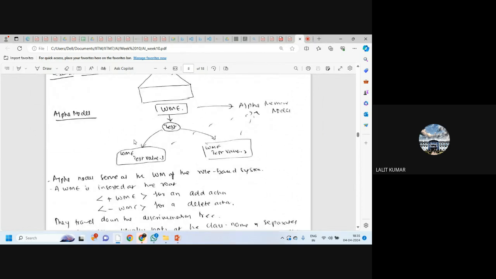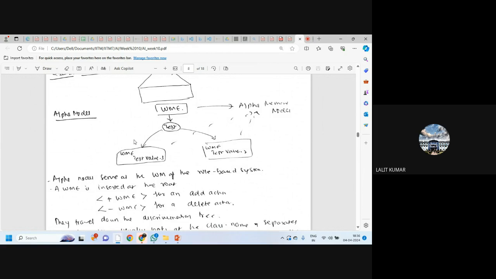Alpha nodes serve as the working memory of the rule-based system, and alpha nodes have only a single parent. It cannot have more than one parent. Once a WME, which is nothing but a pattern, is inserted from the top, it will flow down to the last possible depth and sit there, wherever it is possible.